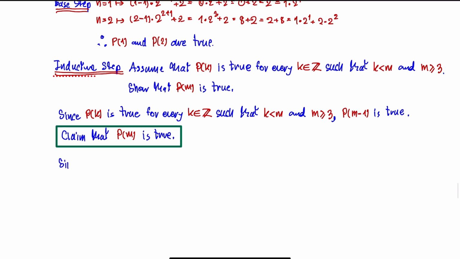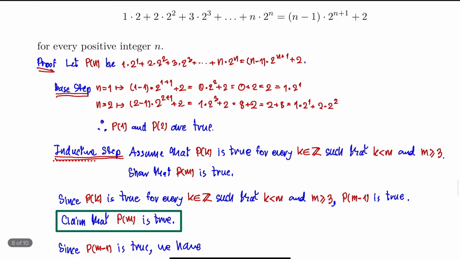Okay, since P of m minus 1 is true, we can substitute m minus 1 into here.